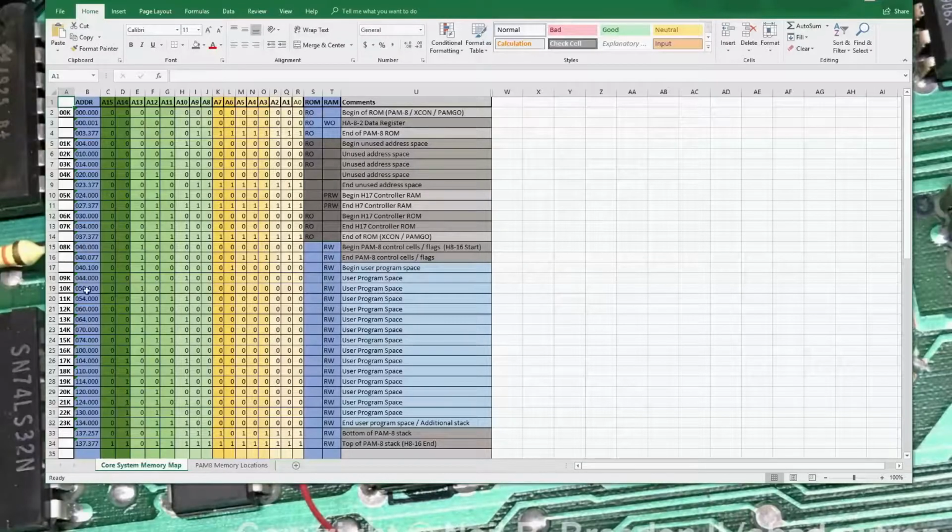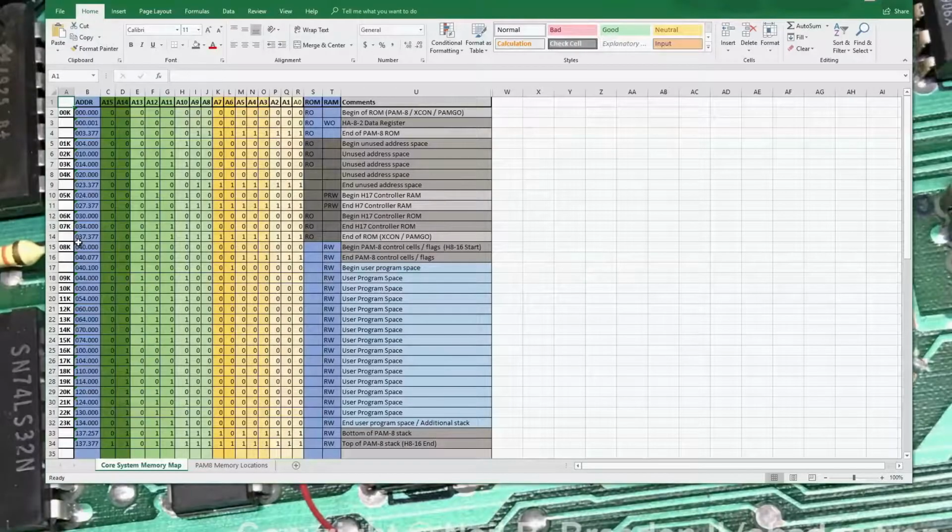And then if we go up to 16K, is this correct? Yeah, 16 plus 8 is 24K. I was thinking for a moment my math was wrong. We have a total of 16K of RAM starting at this address and ending at 137377.